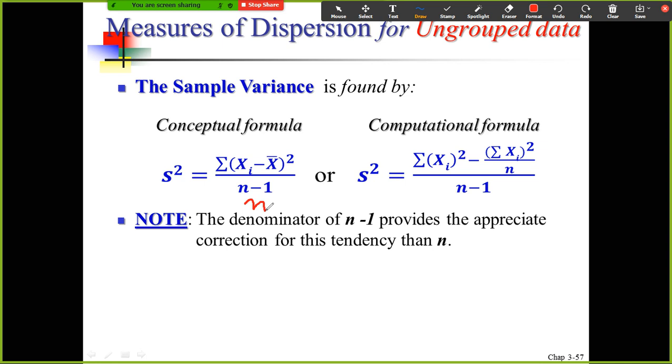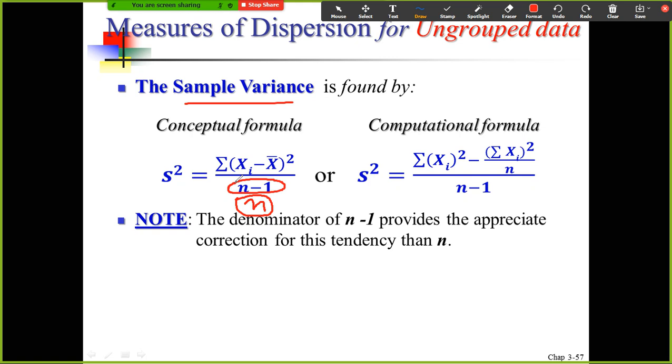You can ask, why do some textbooks divide by n to find sample variance, but statistics textbooks divide by n minus 1? Statistics textbooks are more specialized than the other books.